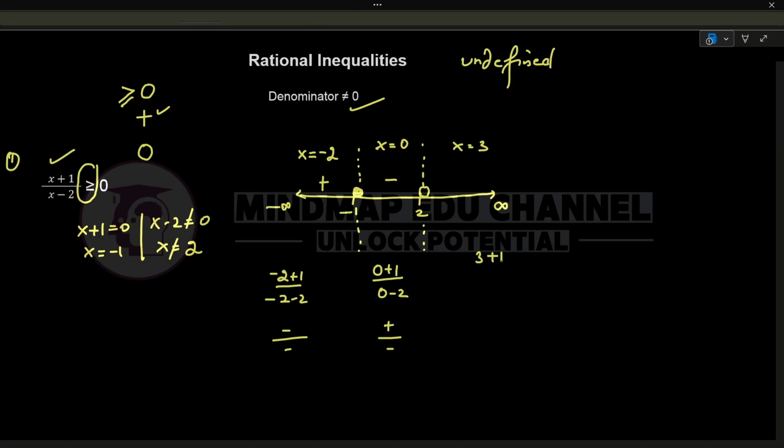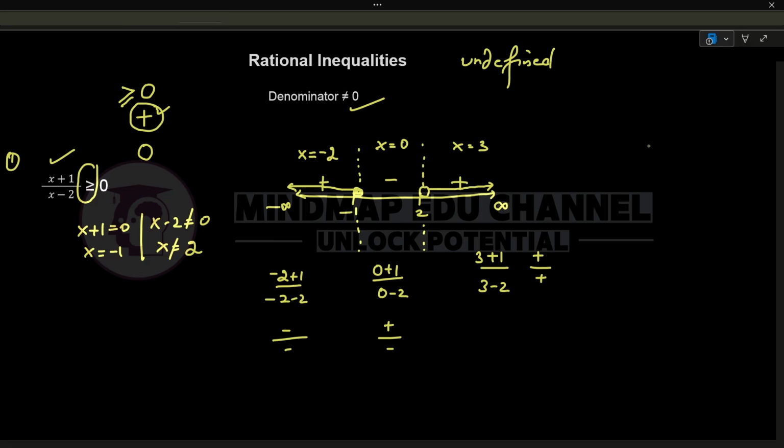3 plus 1 over 3 minus 2. Here positive on the top and positive in the bottom, so plus plus, it will be plus. Now because we are looking for a positive result, our sections are from 2 towards infinity and from minus 1 towards negative infinity. Clear?